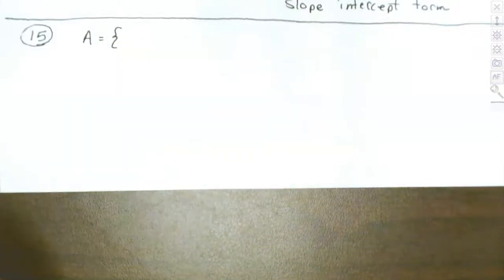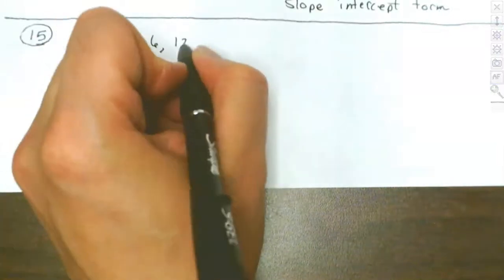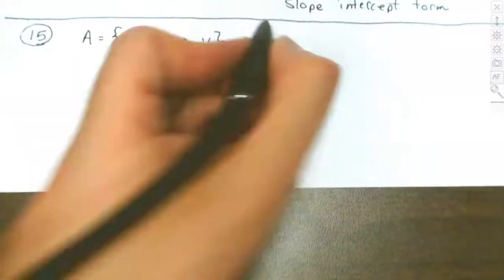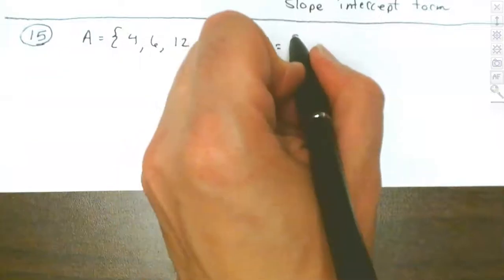So question 15. We give you a set of numbers. So we've got A and B. And then we want to work with an operation on these numbers.